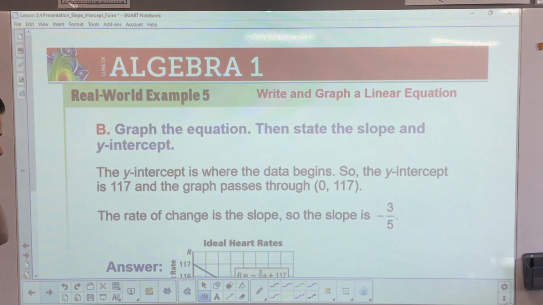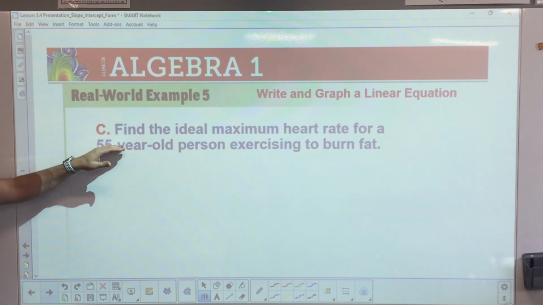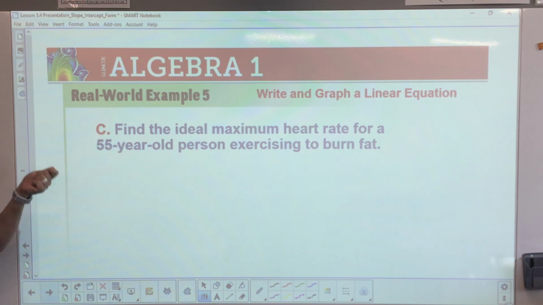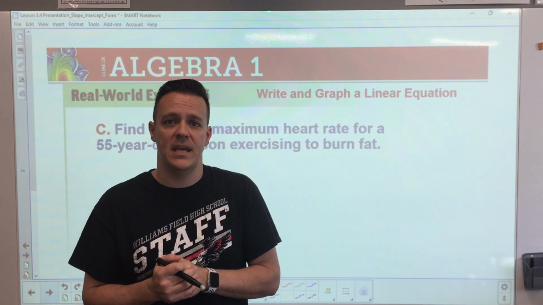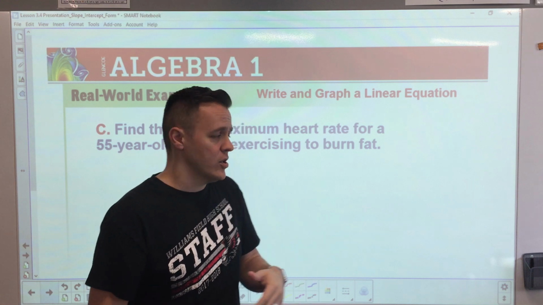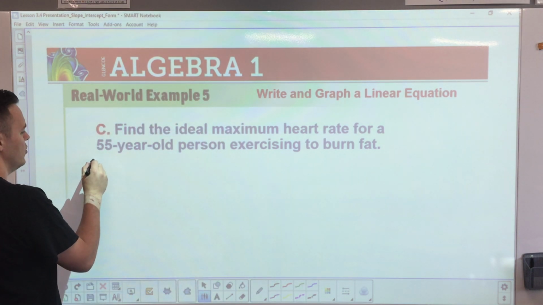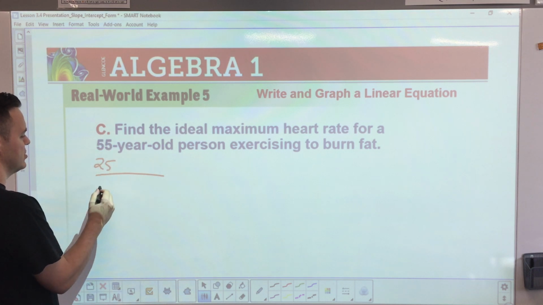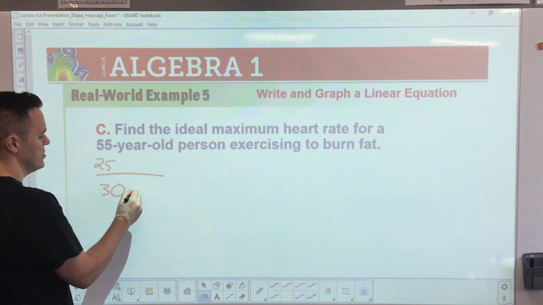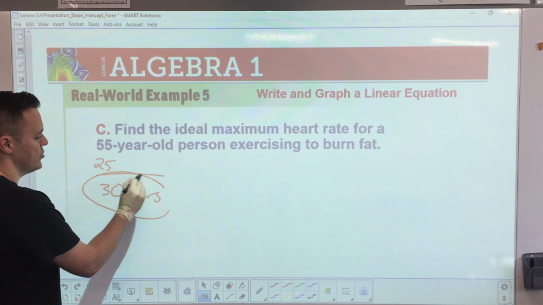Now, for the last part, find the ideal maximum heart rate for a 55-year-old person exercising to burn fat. So we know you're supposed to be how old? 25 when you start out with this formula. So if we're 25 years old and now we're looking for a 55-year-old, the difference in years is going to be what? 30 years. So that's the tricky part.